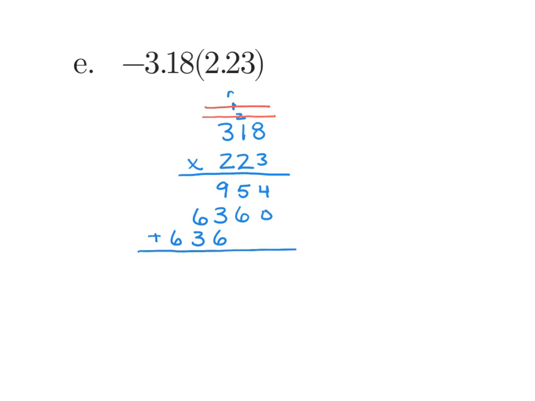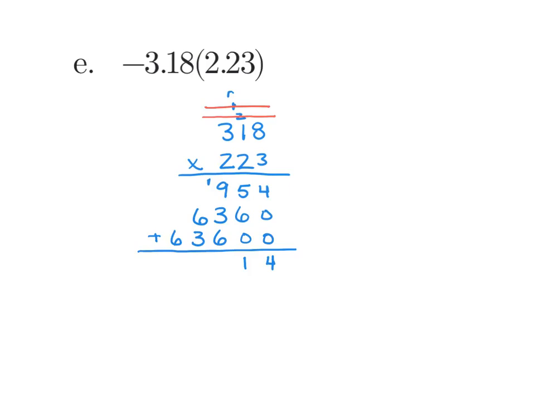Remember, if you want, you can add zeros so that everything has the same number of digits, or so that every column has digits in it. So if we start by adding, we get 4. 5 plus 6 is 11. 1 plus 9 is 10.